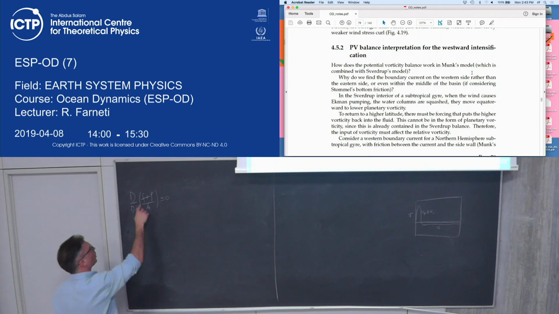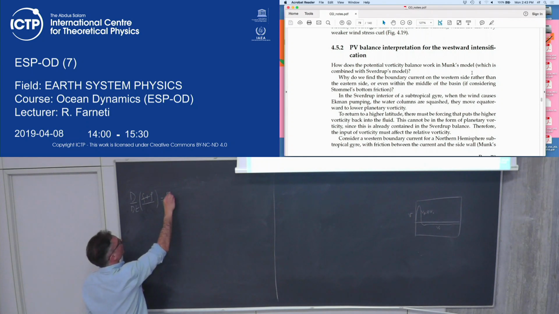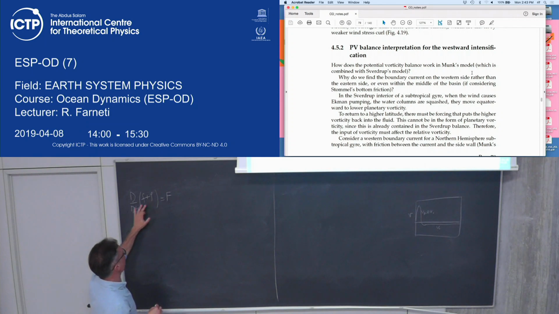So whenever planetary vorticity changes, relative vorticity will have to change in order to conserve vorticity, assuming that h is a constant. Okay. So if h is a constant, in our model there's no topography, h is a constant, then if there is an input of vorticity, either f will change or relative vorticity will change.